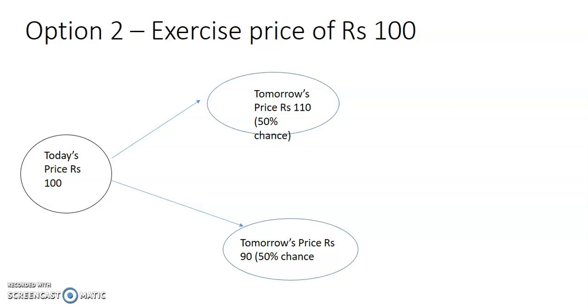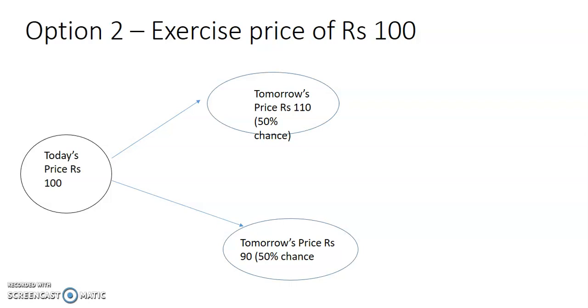Of course, at the time the options are granted, no one knows which of these two prices will prevail. Suppose further that the chance that the stock price is going to be 90 rupees is half, that is 50%, and the chance that it will be 110 rupees is also half, that is 50%.